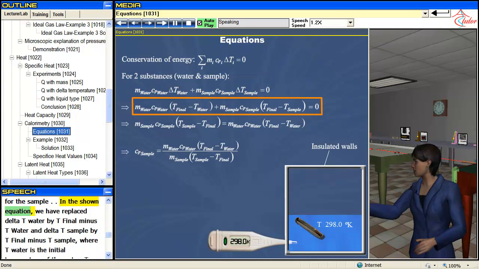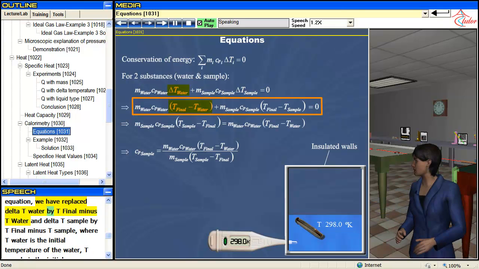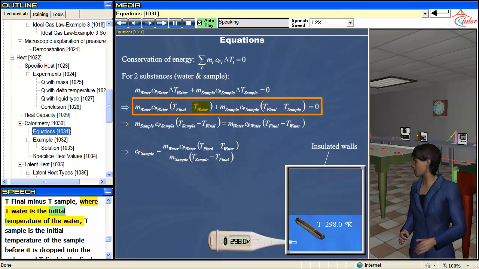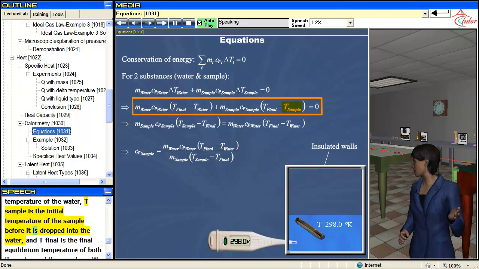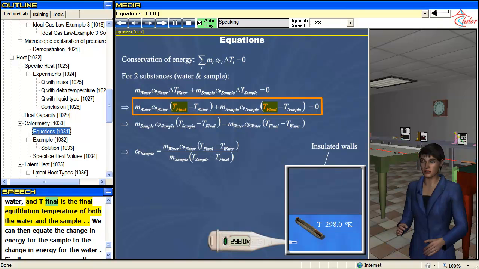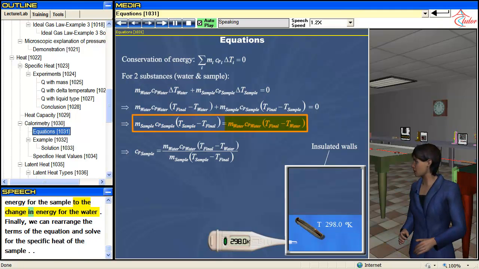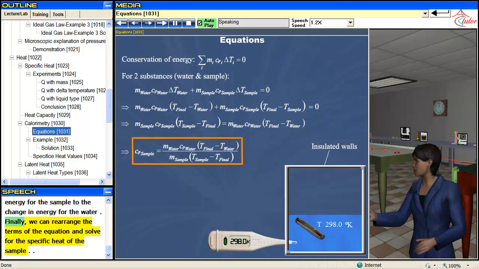In the shown equation, we have replaced delta T water by T final minus T water, and delta T sample by T final minus T sample, where T water is the initial temperature of the water, T sample is the initial temperature of the sample before it is dropped into the water, and T final is the final equilibrium temperature of both the water and the sample. We can then equate the change in energy for the sample to the change in energy for the water. Finally, we can rearrange the terms of the equation and solve for the specific heat of the sample.